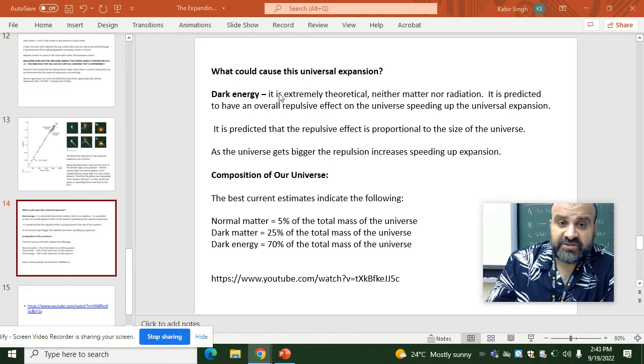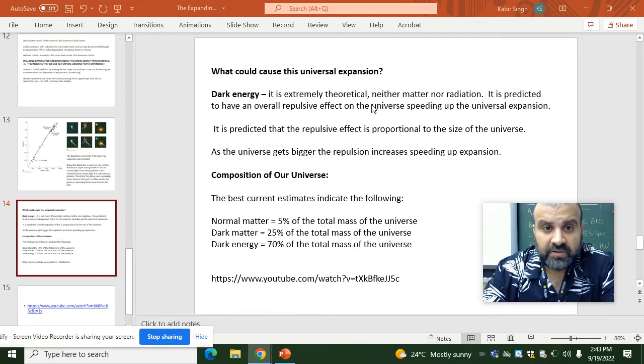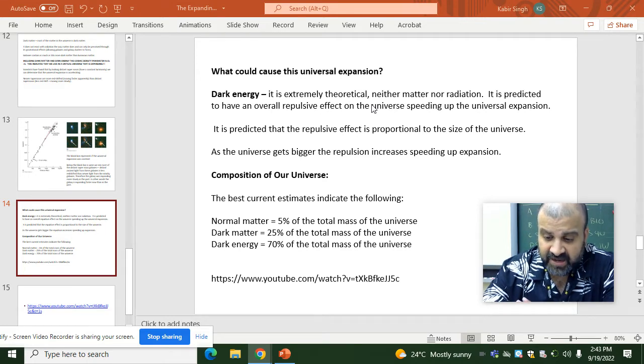So, dark energy, very theoretical. In dark energy, we really don't know what it is. It's not matter, it's not radiation. But what's thought about dark energy is that it has a repulsive effect on the universe. So it's speeding up the matter and the radiation and everything inside the universe.